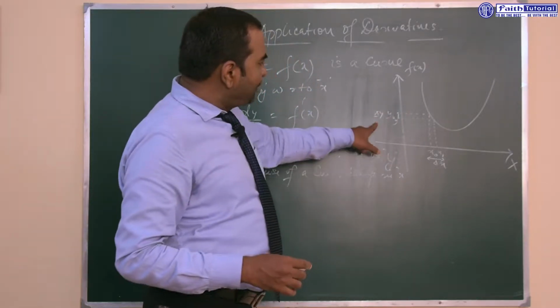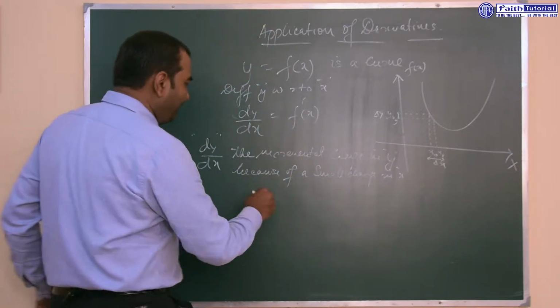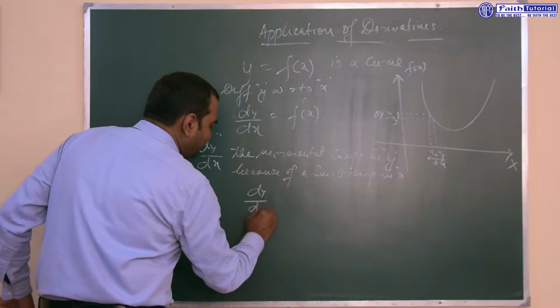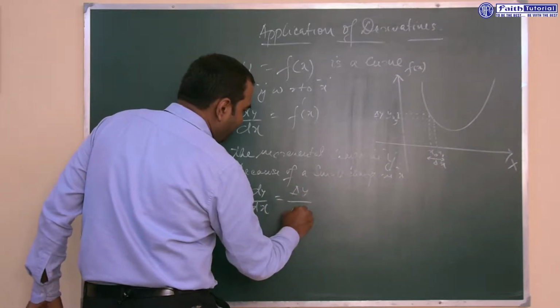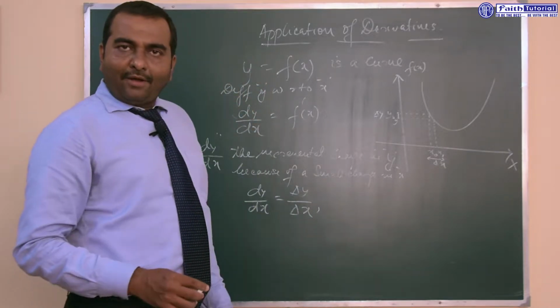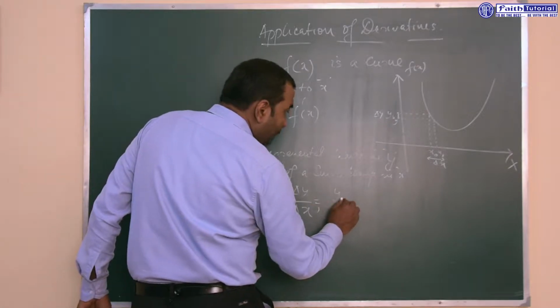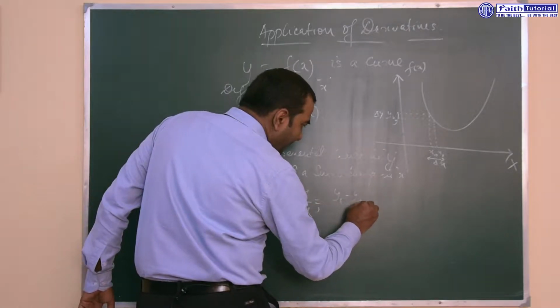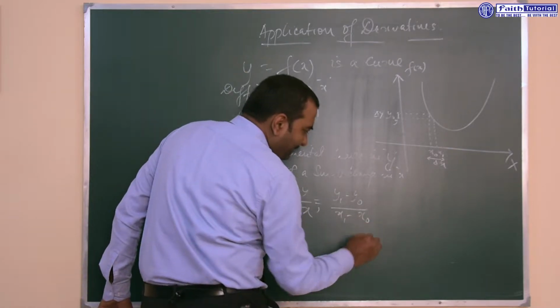So incremental change in the value of y because of the change in the value of x. That means dy by dx is nothing but the change in the value of y because of the change in the value of x. Or we can also write it as y1 minus y0 divided by x1 minus x0.